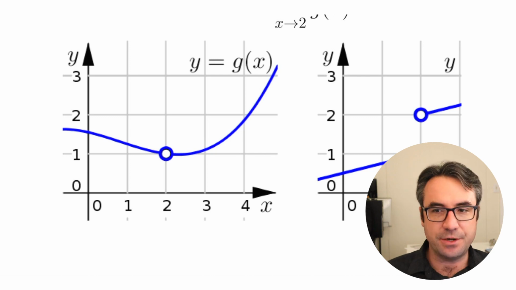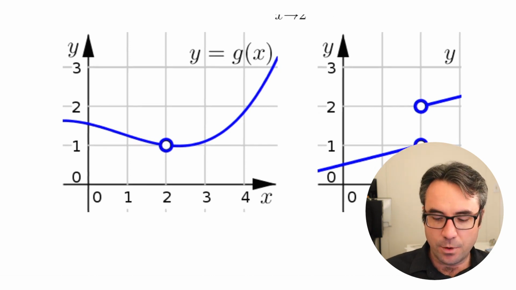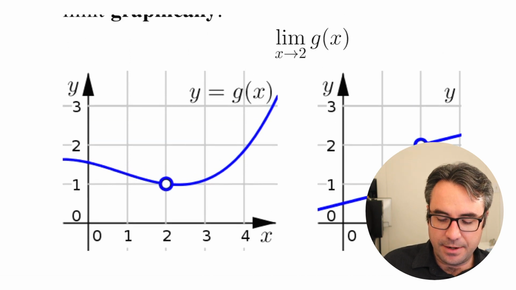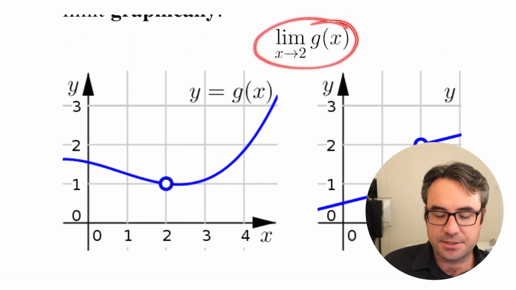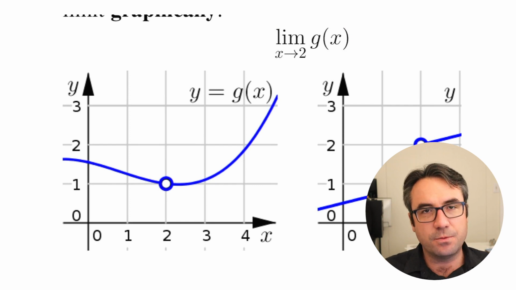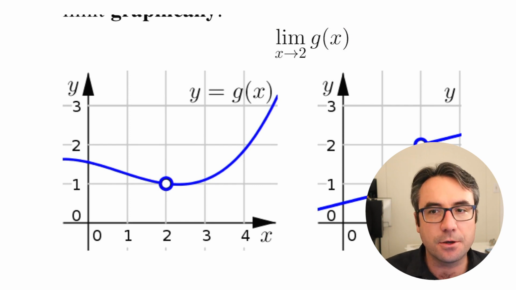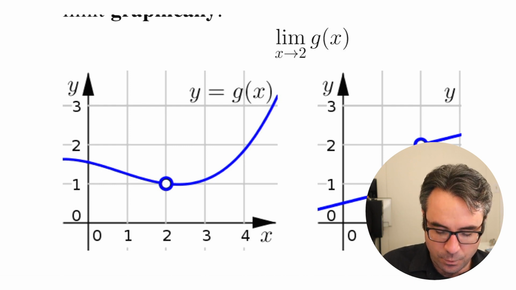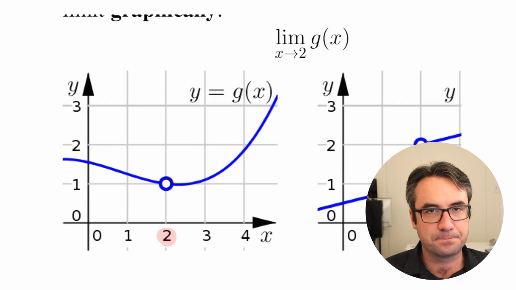Here's the graph of g of x, and we're interested in the limit of g of x as x approaches 2. We're interested in what happens as x gets close to 2. Let's identify where 2 is on the x-axis. It's right there.